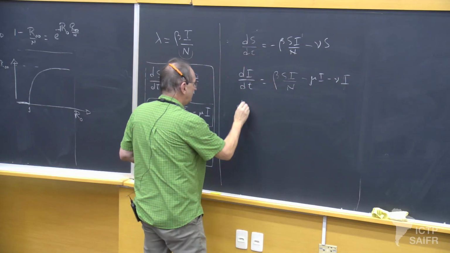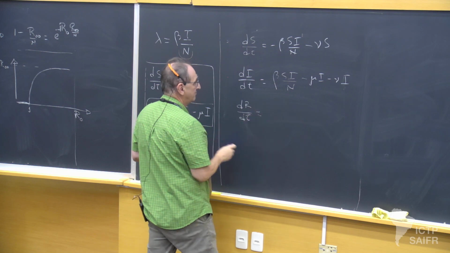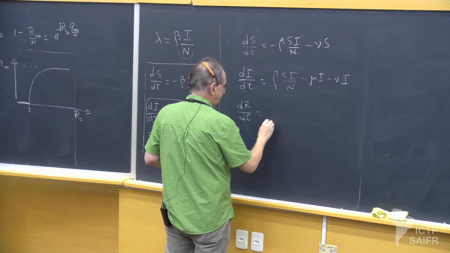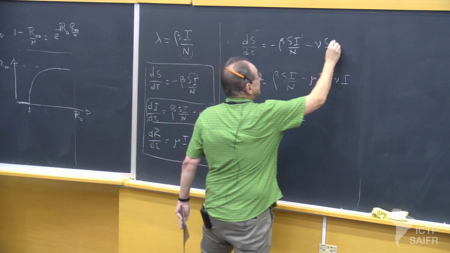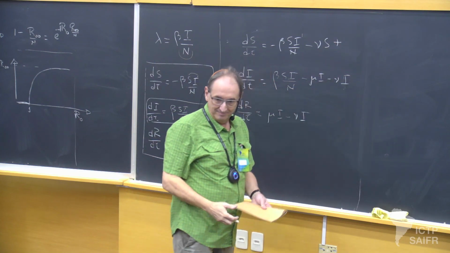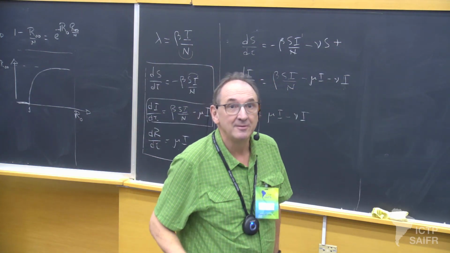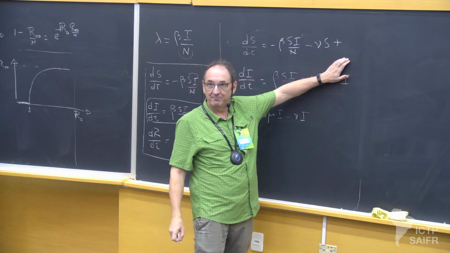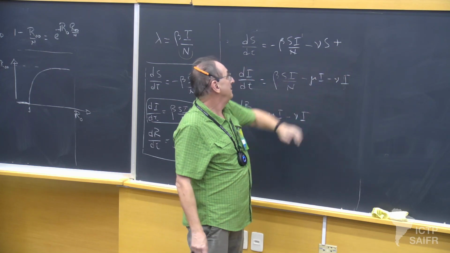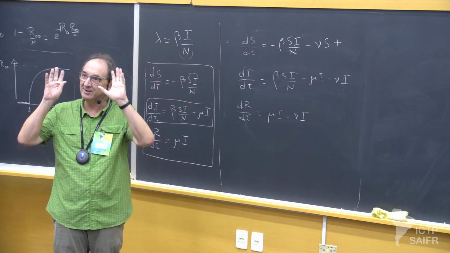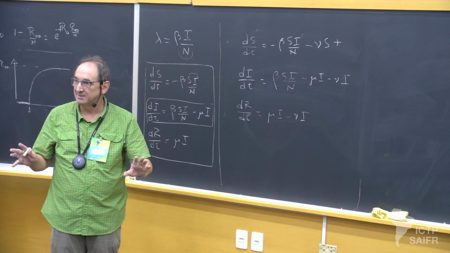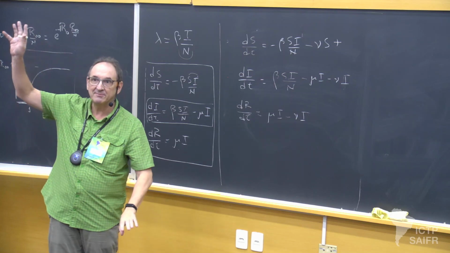And R is plus now the individuals that are born. Okay? But we want the population to have constant population. People dying, people giving birth.